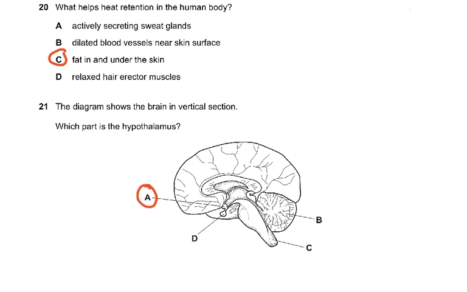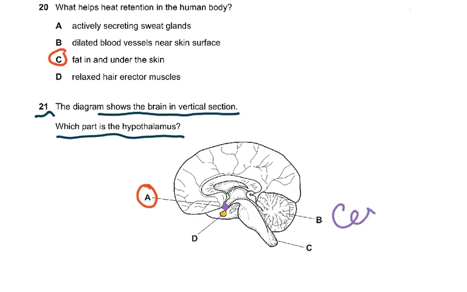And coming to the last question, which is question number 21. The diagram shows the brain in vertical section. Which part is the hypothalamus? You know the hypothalamus is just above the pituitary gland. So this is the pituitary gland. And just above it is the hypothalamus.